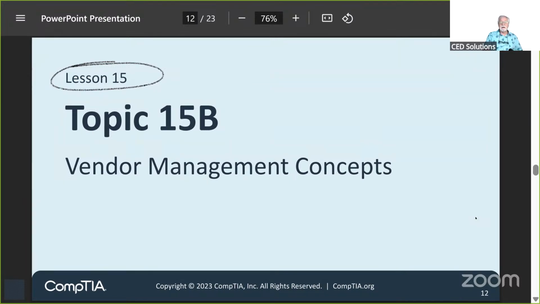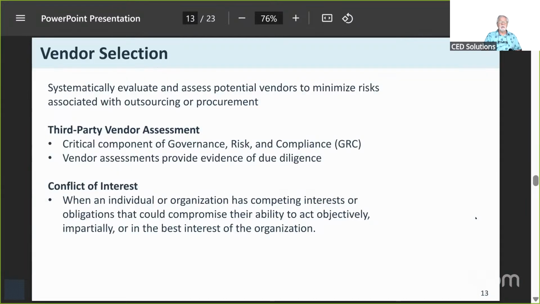Now, just about every organization out there has some type of vendor dependency, supply chain dependency. We want to make certain that we manage the vendors very carefully. You do not want to be in a situation where you are vendor locked into a singular vendor. You don't want to be doing business with vendors that may violate some of your other service level agreements, non-disclosure agreements, conflicts of interest out there.